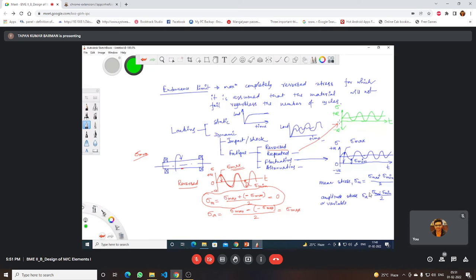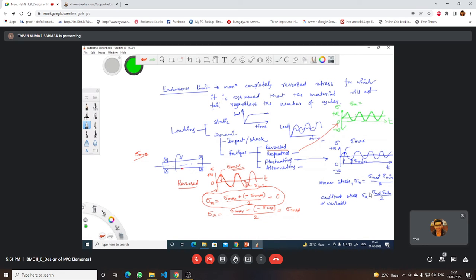It's negative. This is origin. So load will increase up to the maximum one, then it will come to 0. Again it will come to the maximum one, then again it will come to 0. So this way it will go. So here sigma m will be how much?